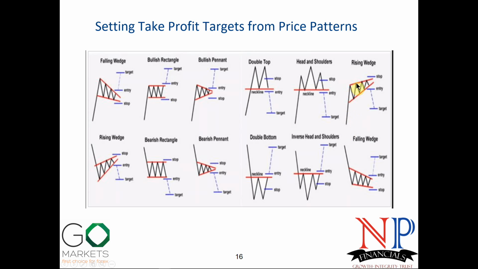because price was going up, all of a sudden peaks are going up, troughs are going up, but they are actually contained in two lines. So we should wait for the break here, and we enter here. Our stop loss would be here and the target depending on the length of the pole. So a rising wedge in an uptrend is a reversal. A rising wedge in a downtrend is actually a continuation.